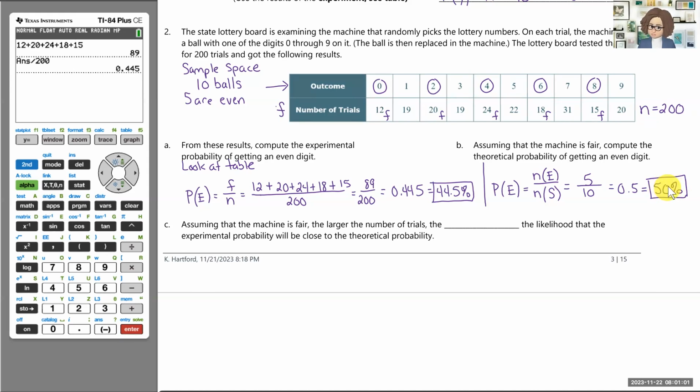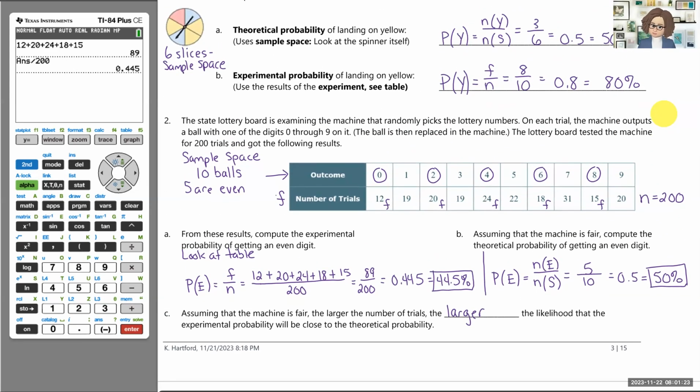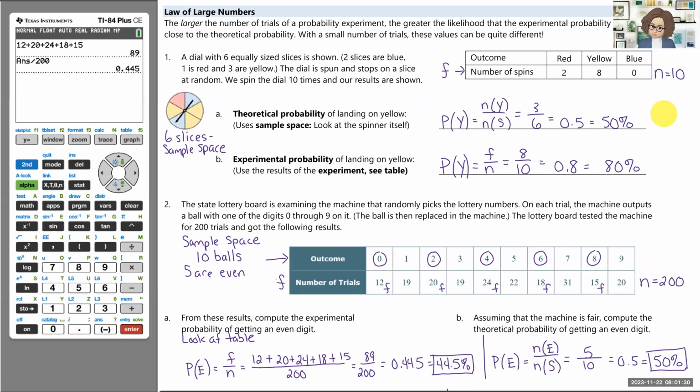If that machine really is fair, then the larger the number of trials, so the more trials we do, the larger the likelihood that our experimental probability will be close to the theoretical probability. All right, and there you have it. So that's our relationship between theoretical and experimental probability and the law of large numbers.